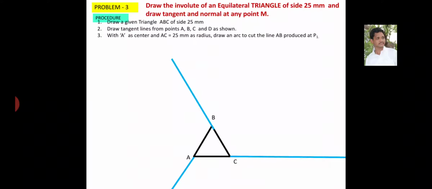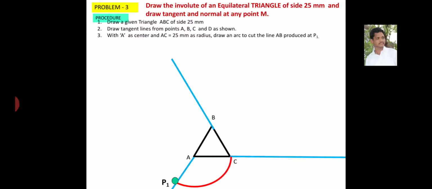Now with A as center and radius equal to AC, draw an arc to cut the line AB produced at point P1.